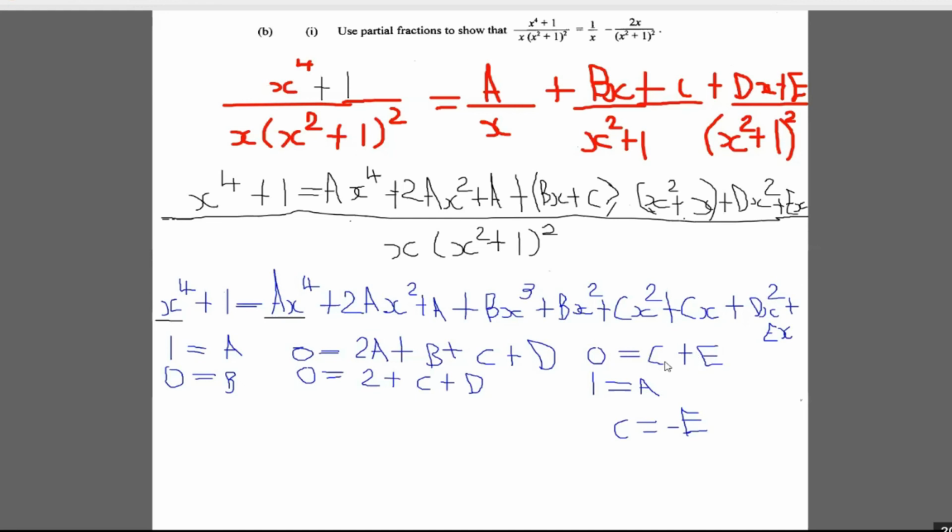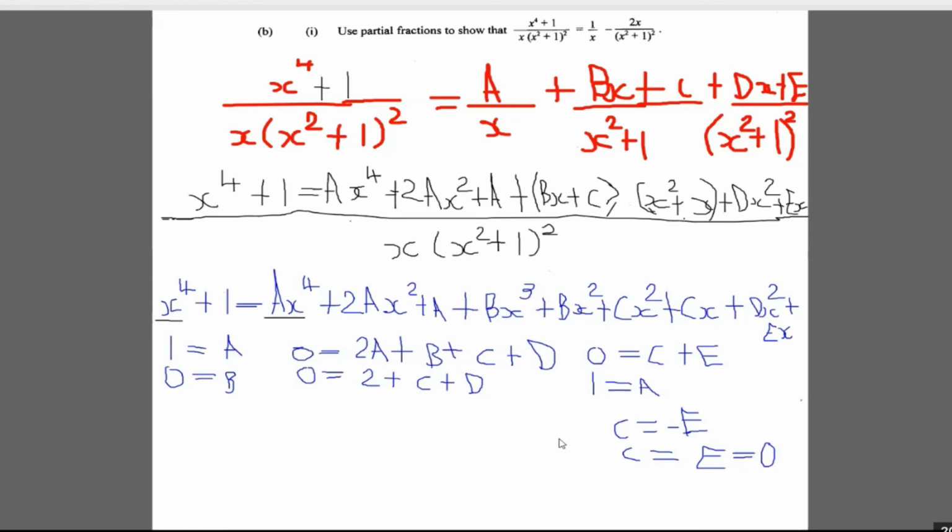And so what they're telling you is c and e equal 0. So c is equal to 0 and e is equal to 0. So c is equal to e and they're equal to 0. So c equals e, which equals 0.